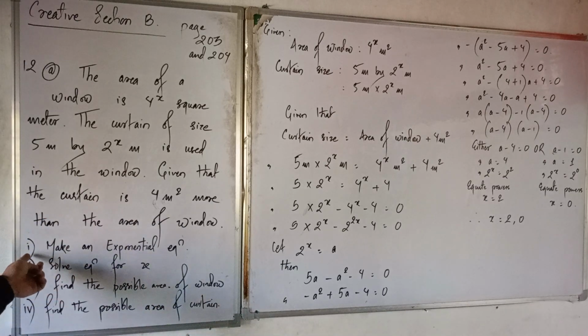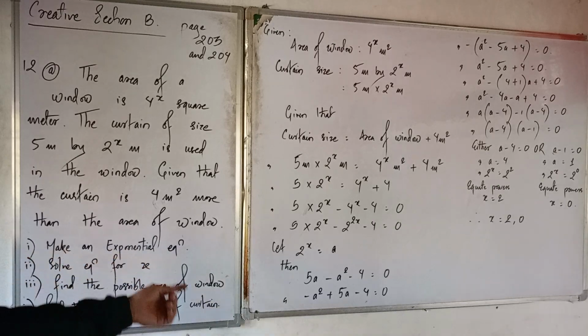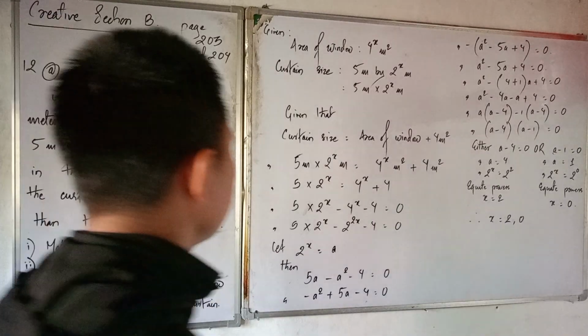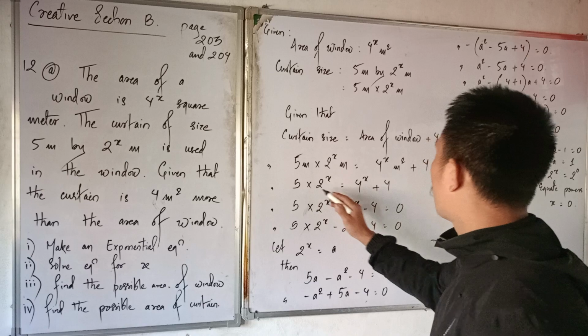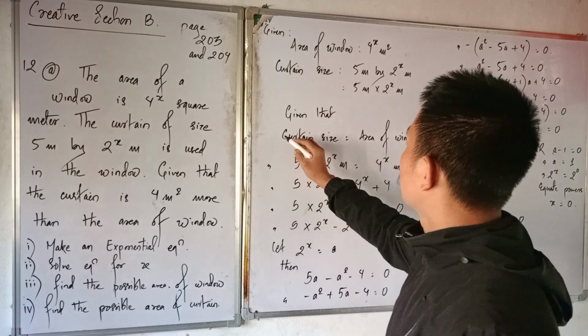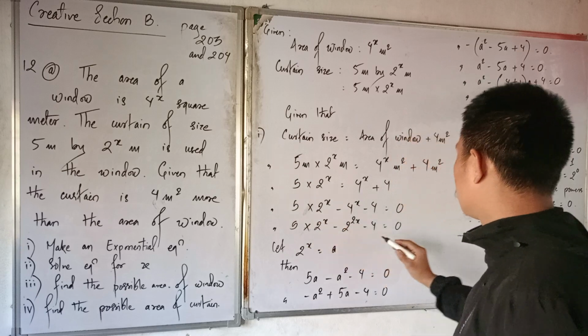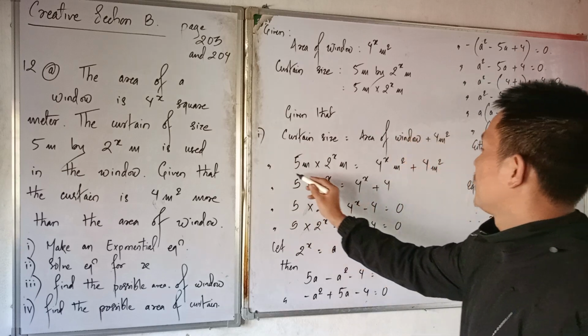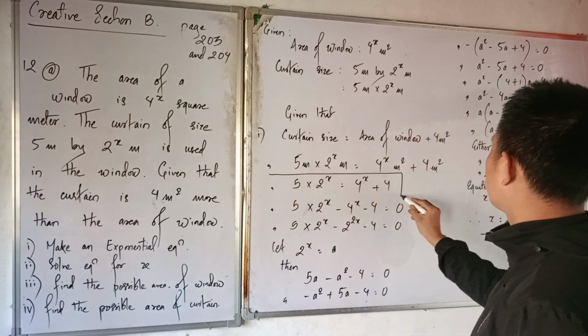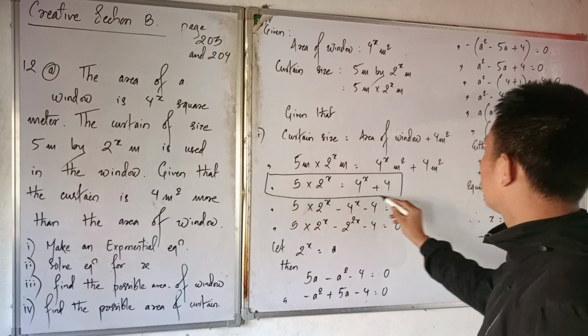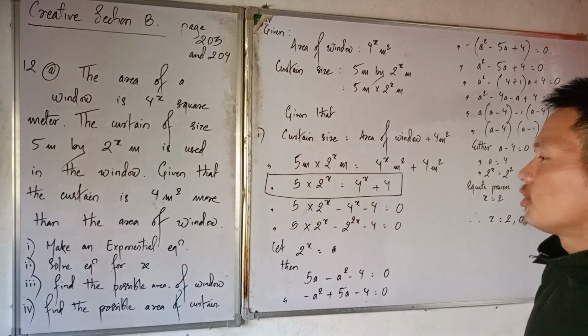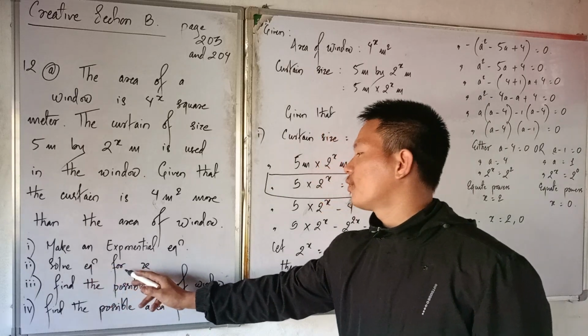So in the first number I, we make an exponential equation, that we have done already here. Okay, this one is the exponential equations we have done. So look here, this one is the exponential equation. So solve the equation for x.